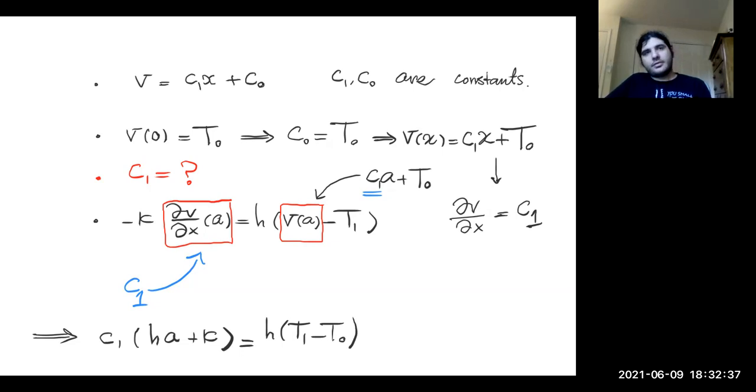Okay. Therefore, C1 is equal to T1 minus T naught over HA plus kappa.